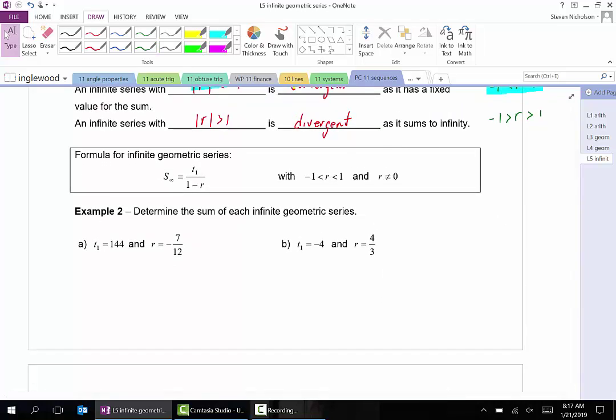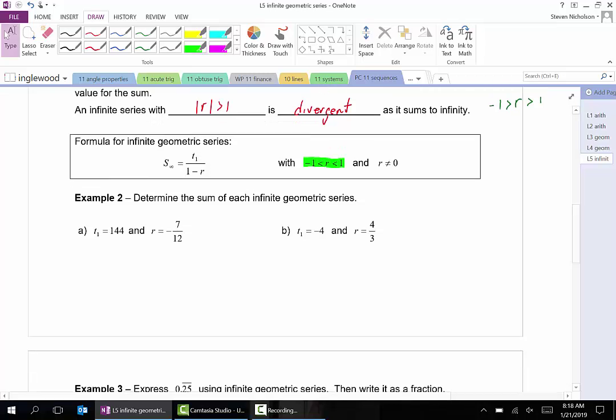Okay, so here's that important statement. In looking at infinite geometric series, it seems that the common ratio is the most important thing. If we determine that the ratio is in one of these two cases, then the answer becomes very simple, and we have a formula for that.